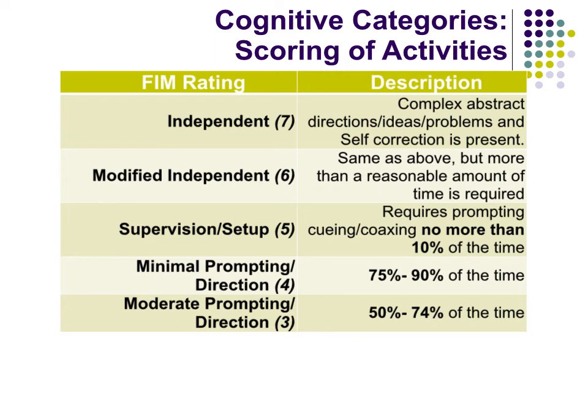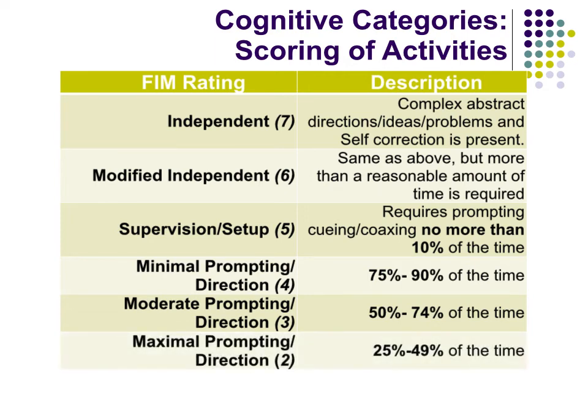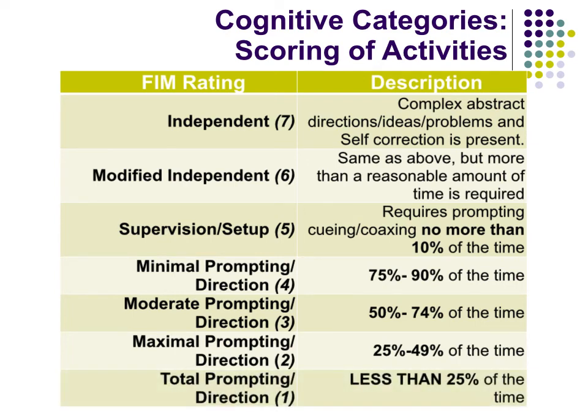Moderate prompting, the patient's able to perform those activities 50 to 74% of the time. Maximal prompting, the patient's able to perform those activities 25 to 49% of the time. And then total prompting means they're not able to do much of anything on their own. Less than 25% of the time they're able to perform those activities.